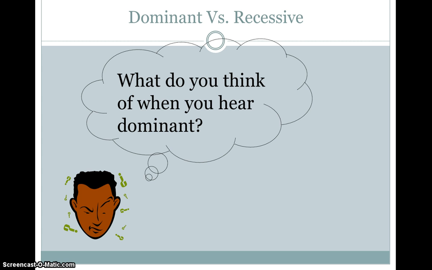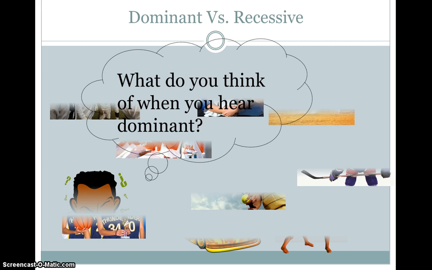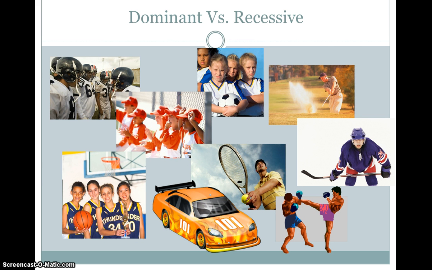So what do you think of when you hear the word dominant? So let's think about that for a minute. I tend to think of sports. So we have some various types of sports teams and sports individuals. So football, soccer, baseball, basketball, hockey, golf, tennis, race car, and fighting, like MMA. Alright?